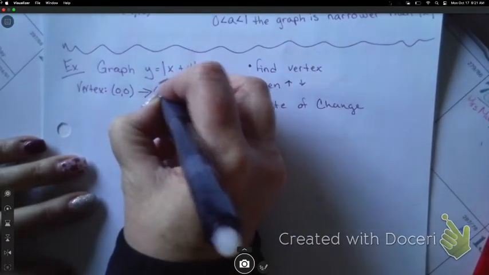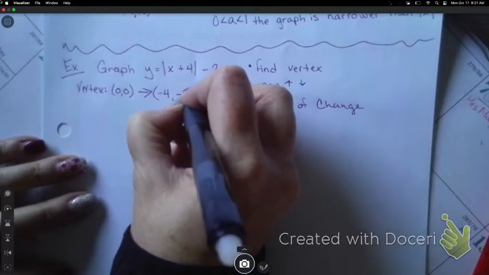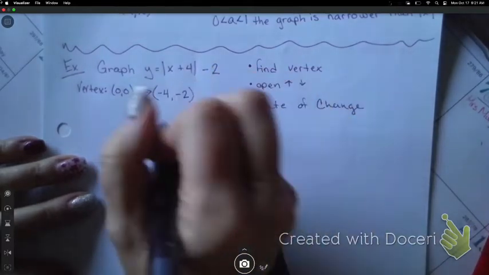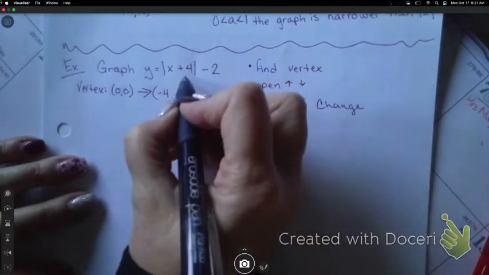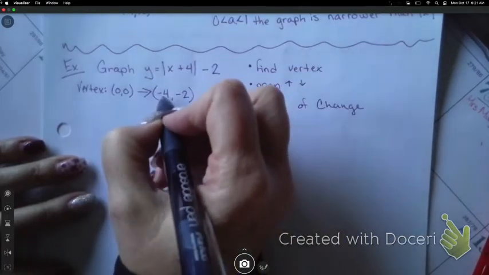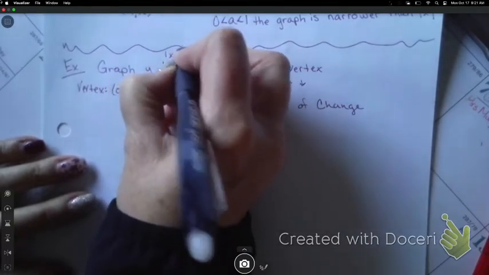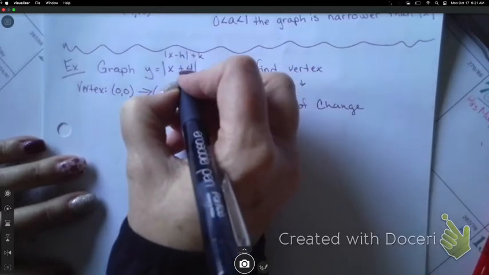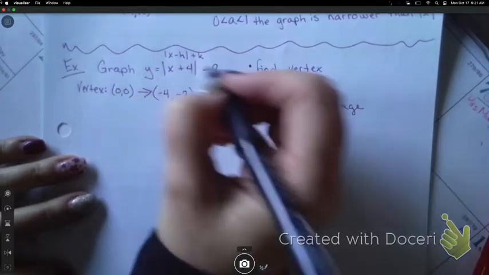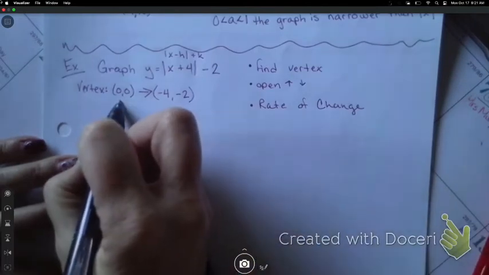So it's negative 4 and negative 2. H is always opposite, because the original function was x minus h, correct? And in order for it to turn into a positive, it had to be a negative. So everyone see what's happening?